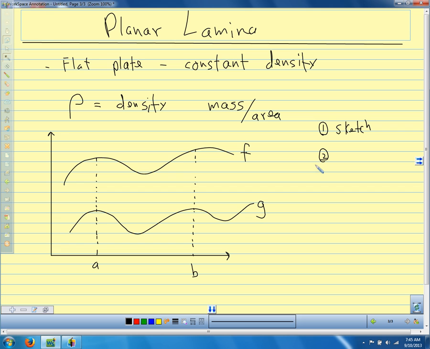And we're going to then divide our region into strips. And our strips need to be parallel to one of the coordinate axes. Because I have my functions drawn above and below, I'm going to divide this into vertical strips. So there are my strips.